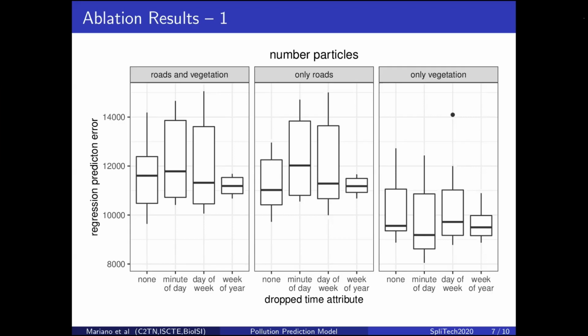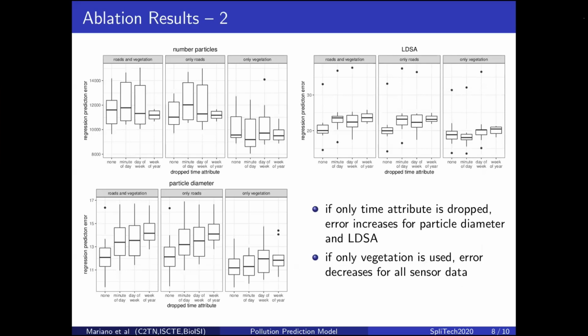Now, if we examine the error for all the collected sensor data, we can say that if we drop a time attribute, then the error increases only for the particle diameter and for the LDSA sensor data. This means that the time is important in terms of predicting the pollution value.